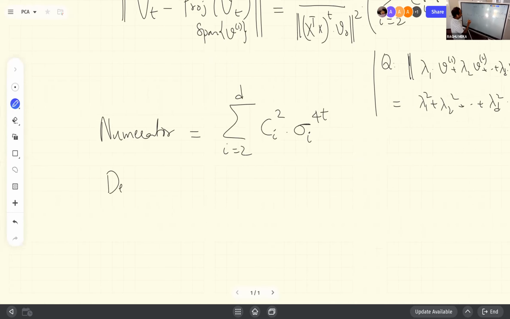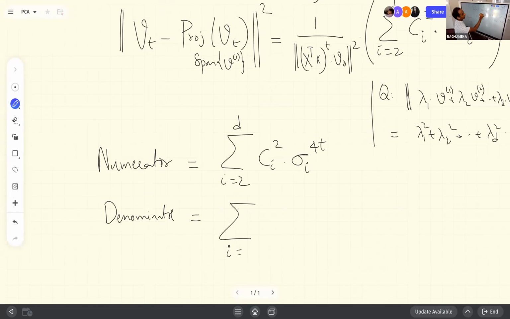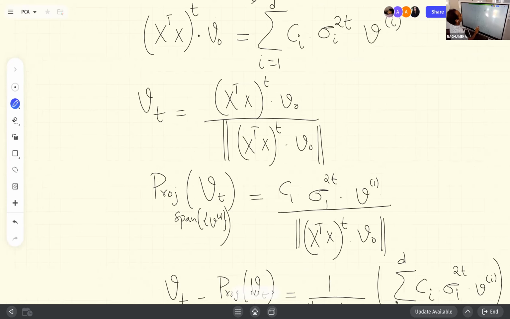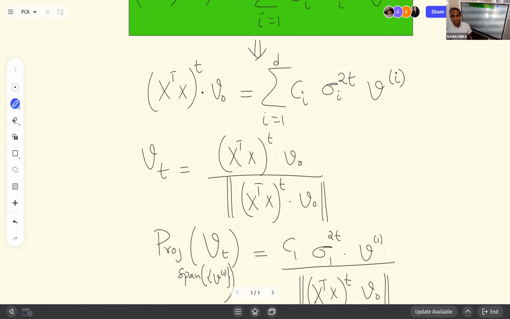And the denominator, what is that guy? By denominator I mean the norm of (X transpose X) to the t times v0, squared. So what is the denominator? If I use the same logic, we also have an expression for what this vector is, right, in an orthonormal basis.